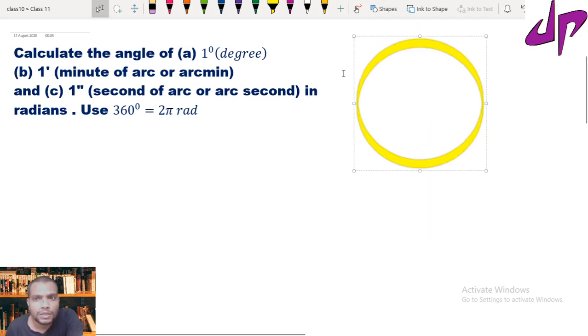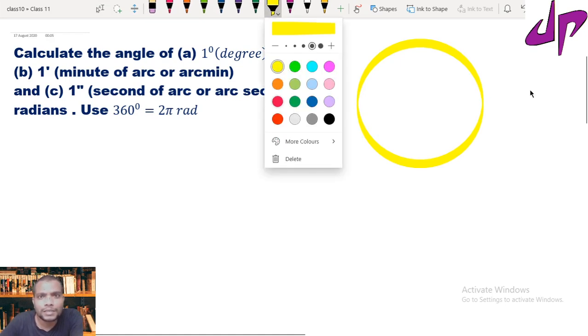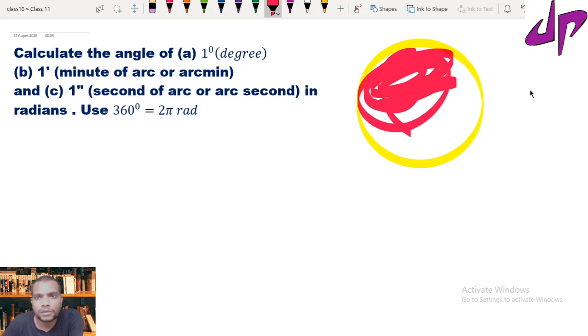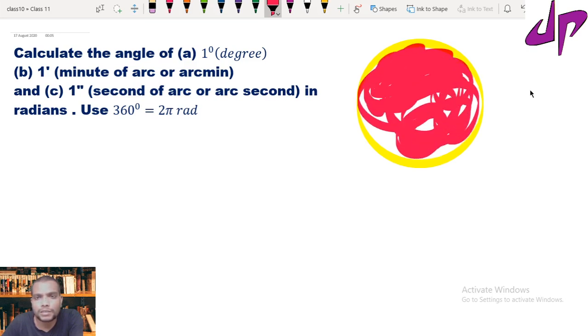So we know the early knowledge, that a circle has 360 degrees, and these 360 degrees equal 2 pi radians. That knowledge we already have. A circle which has 360 degrees, that 360 degrees is equal to 2 pi radians.